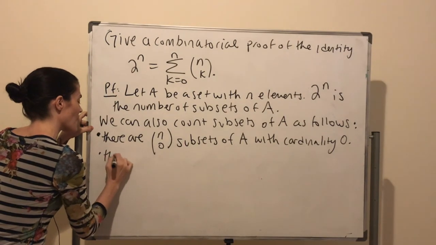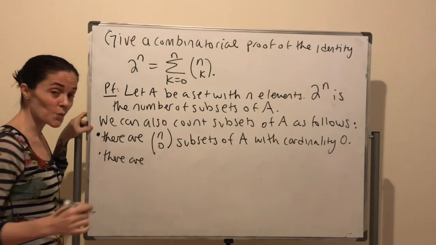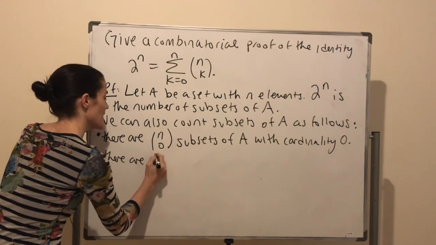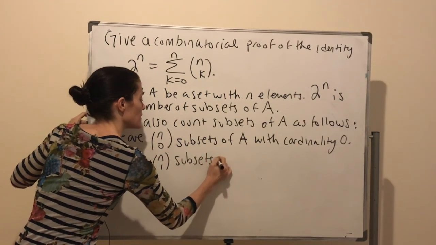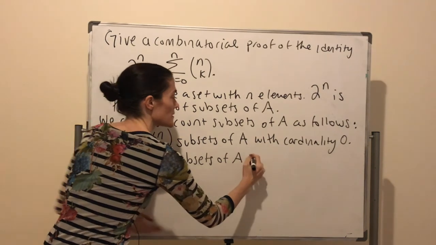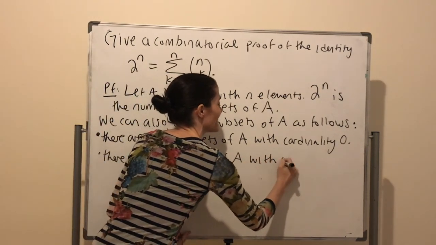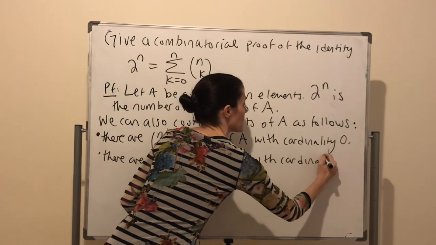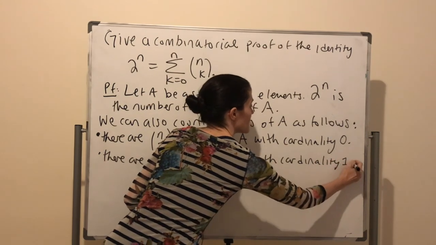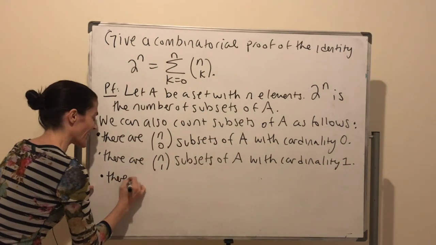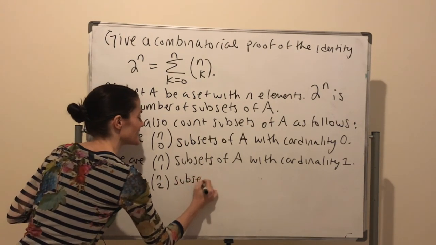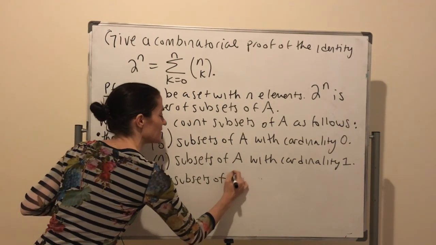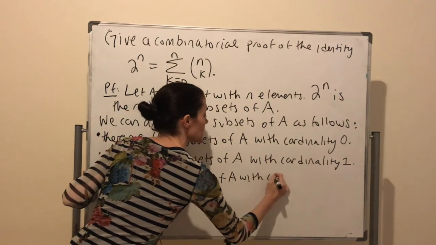Then there are n choose 1 subsets of A with cardinality 1. There are n choose 2 subsets of A with cardinality 2.